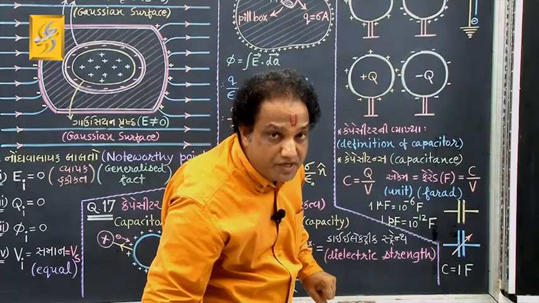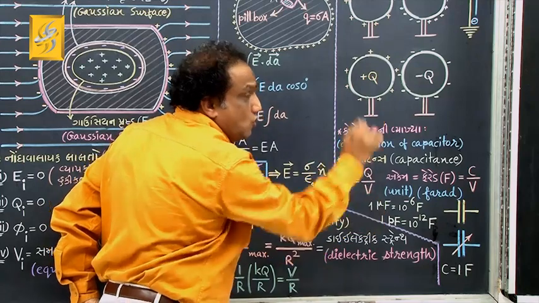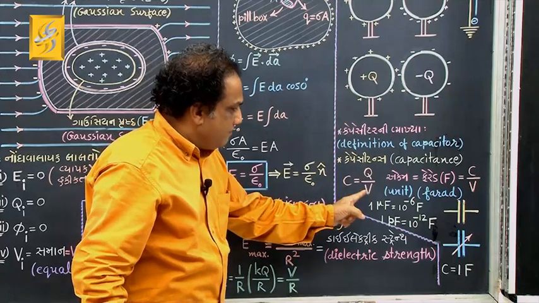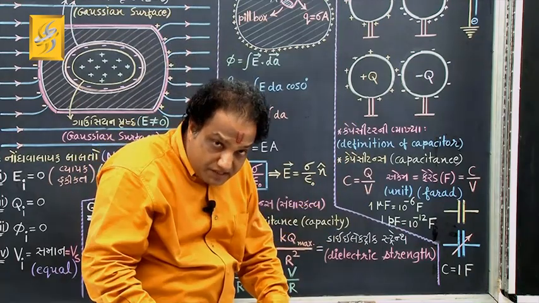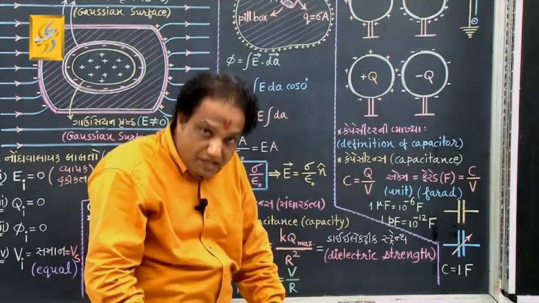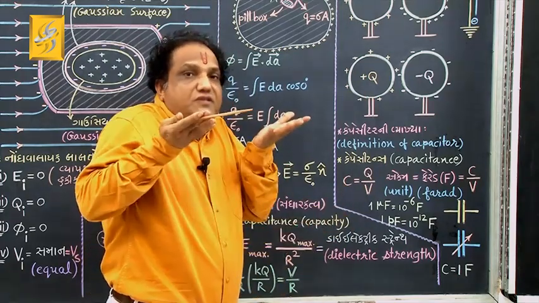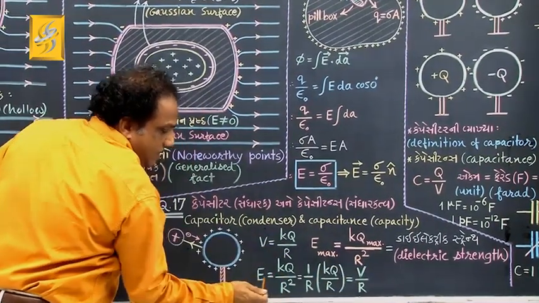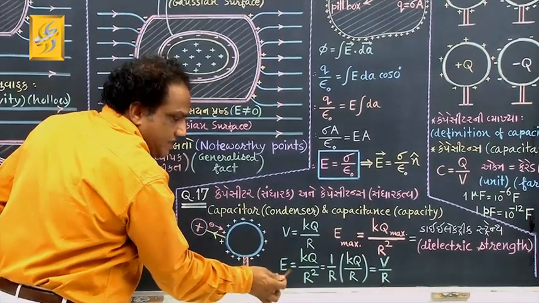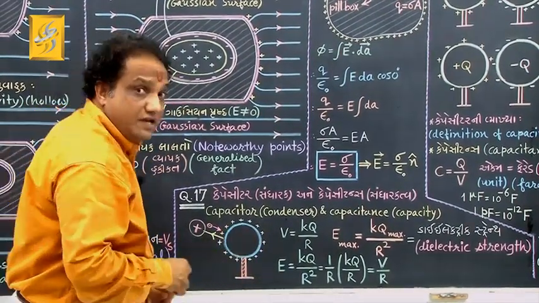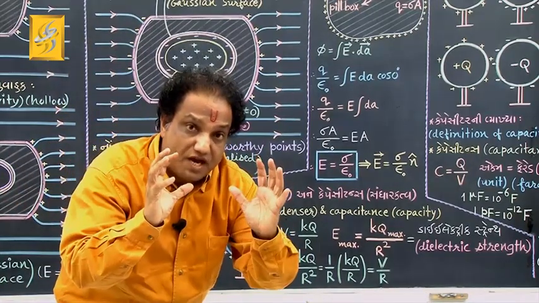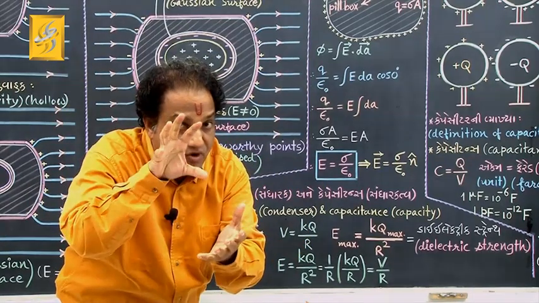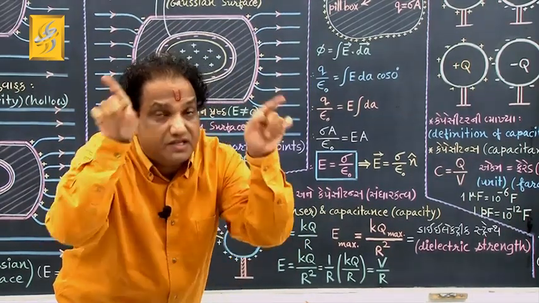So in this situation what happens? The potential difference between these two goes on decreasing, correct? Because this potential difference decreases, the capacitance would increase. When the potential difference decreases, the electric field on the surface will also decrease. For the same amount of charge, earlier it was causing breakdown of the surrounding medium, but now the same amount of electric charge produces a weaker electric field in the surrounding region.